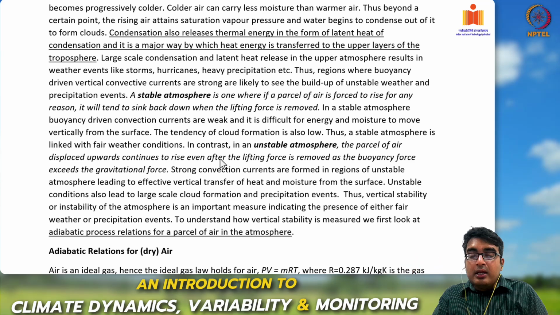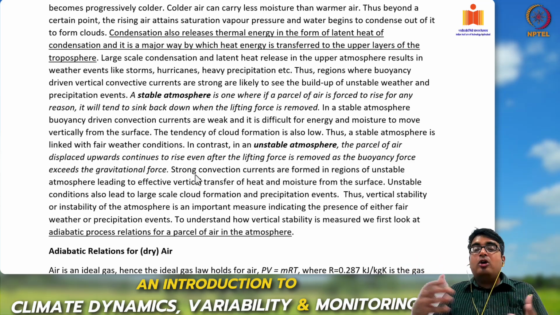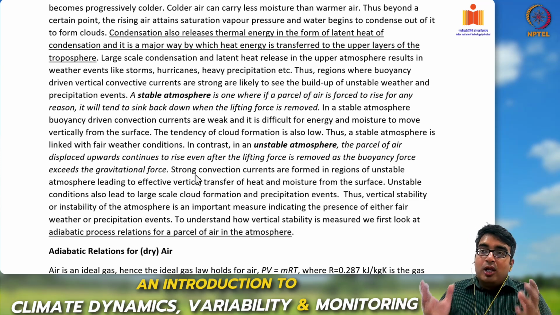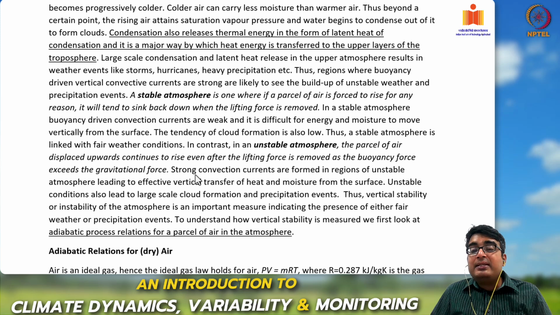In such a case, strong convection currents can spontaneously form, and you will get an unstable atmosphere with a rapid rise and fall of air currents, creating large convection cells. Now, these large convection cells will move moisture into the upper atmosphere, where because of lower temperature, it will condense into clouds and hence increase the chances of precipitation.